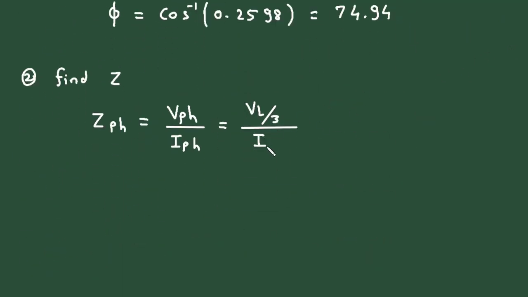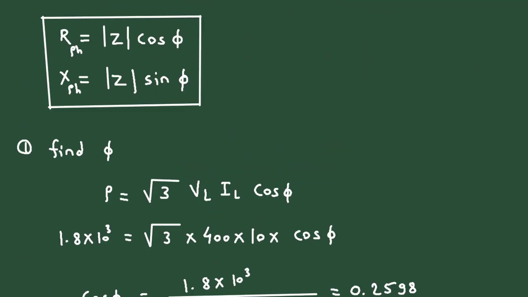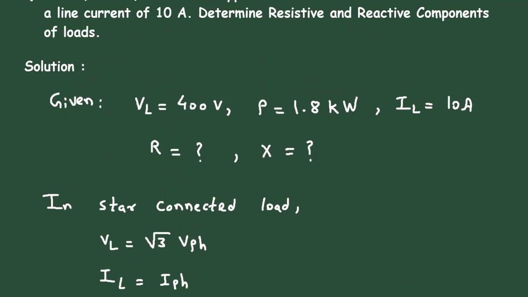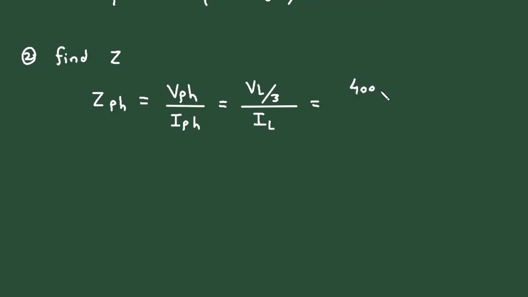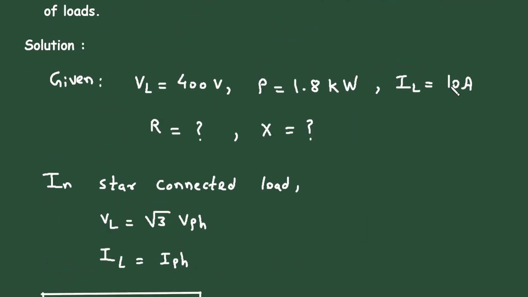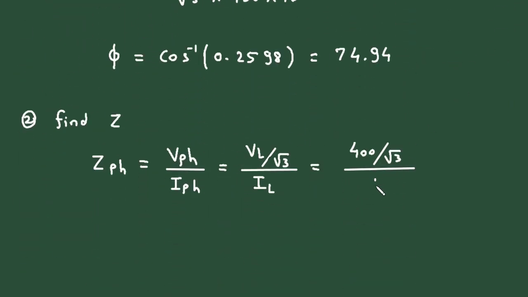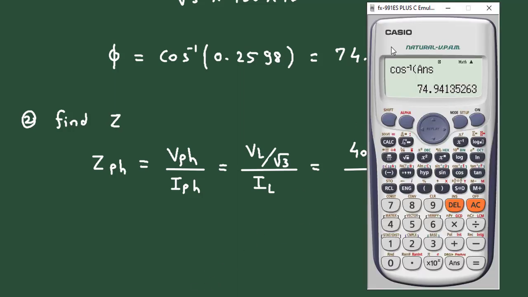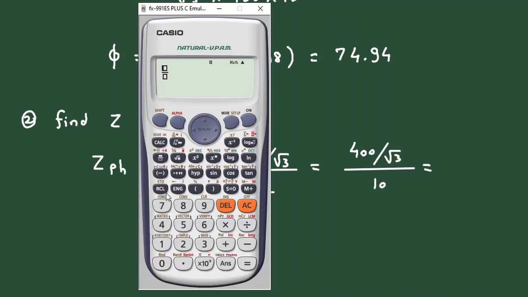So 400 divided by root 3, not 3, divided by 10, which is 23.09.